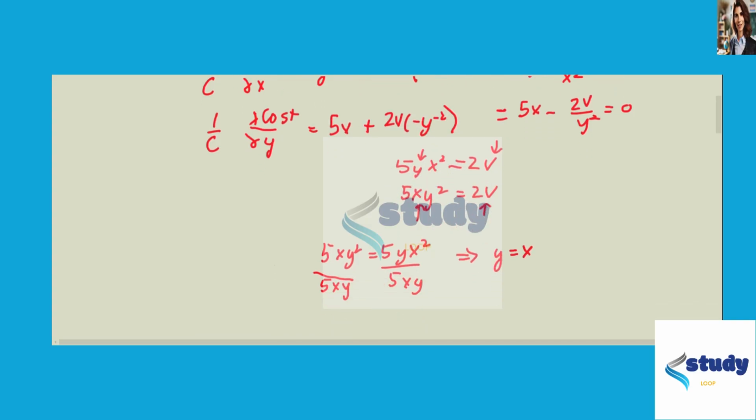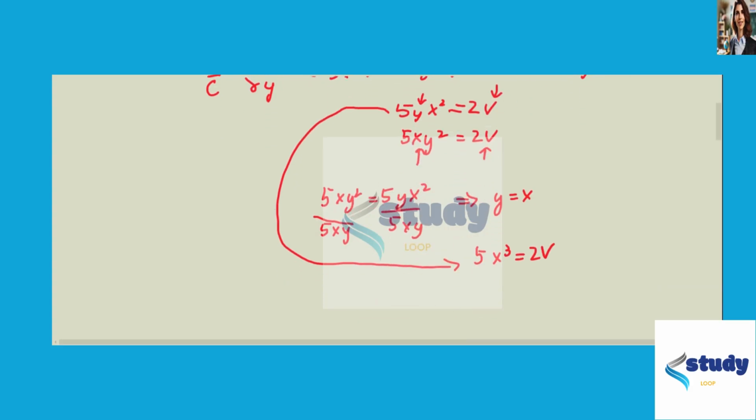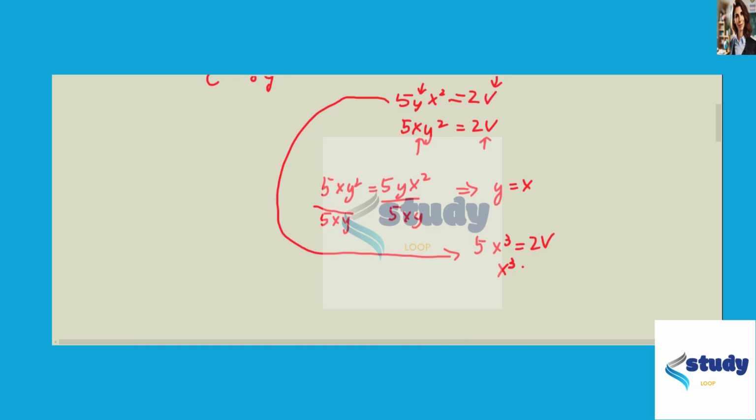Okay, so now I'm going to plug it in to this. 5X cubed equals 2V. So X cubed equals 2V over 5. So X is the cube root of 2V over 5. All right, let's see if simplifying this will help.